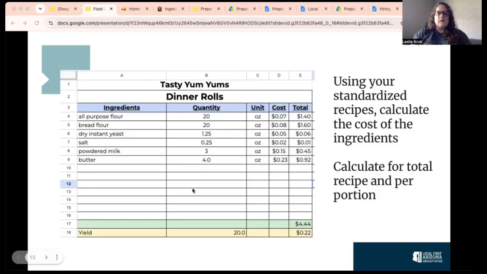So in this example, I only have the ingredients to make these dinner rolls. But if perhaps I'm selling this whole recipe and I'm going to sell these 20 each dinner rolls in this recipe, consider how you're going to package them for the customer. Are they going in a same box? Are they individually wrapped? If they're individually wrapped, do they have individual labels on them? Or is it one label on a larger box?